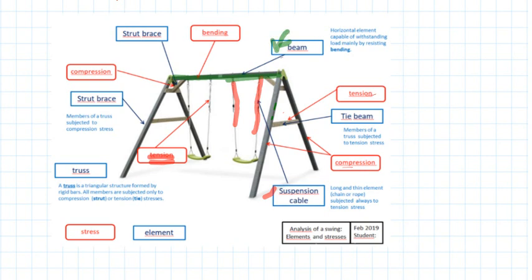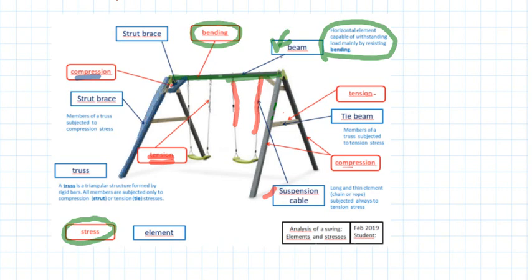I write the description of the beam, and of course, the beam is bearing bending. Why is bending in a red color? Because I have used red color for the forces. So, for example, this element is supporting compression. The same for this, of course, this element is supporting compression, but not this one. This is a tie beam and is supporting tension.